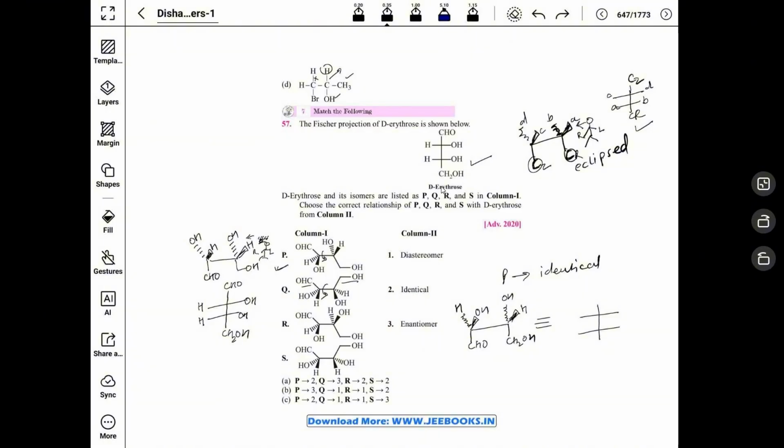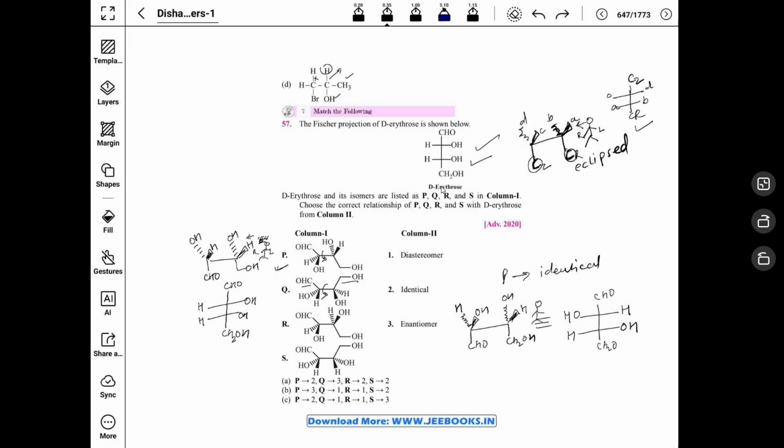Okay, so aldehyde is on the top and you are standing here and watching through this. So H is on your left hand, OH is on your right hand, and then OH is on your left hand and hydrogen is on your right hand. So you can see this molecule and the erythros, what is the relationship?